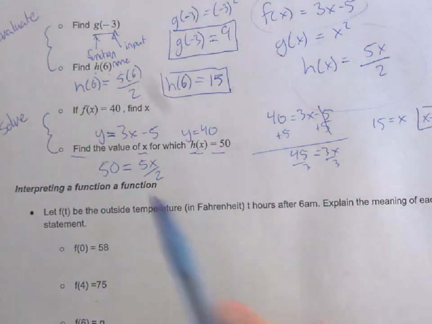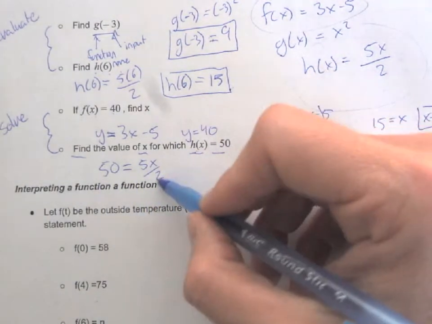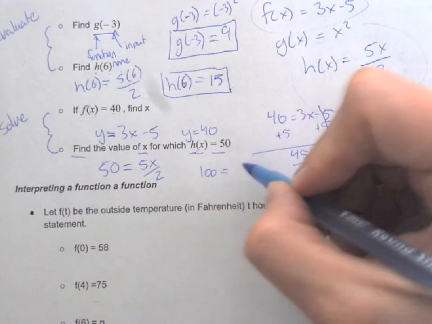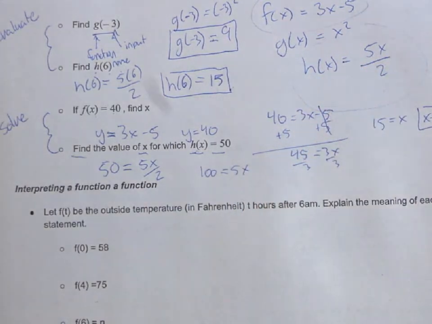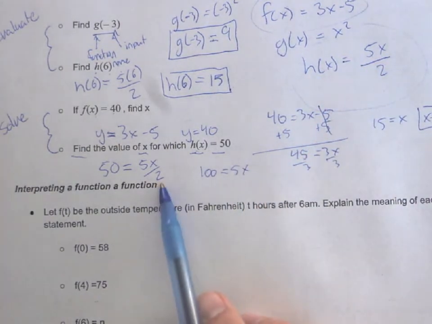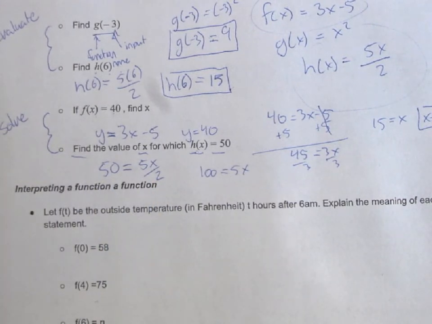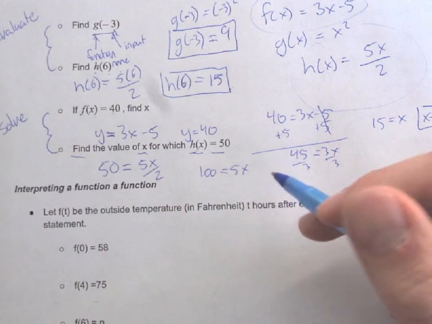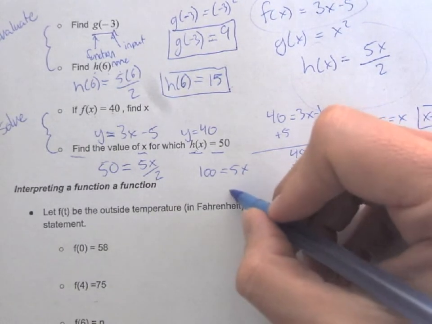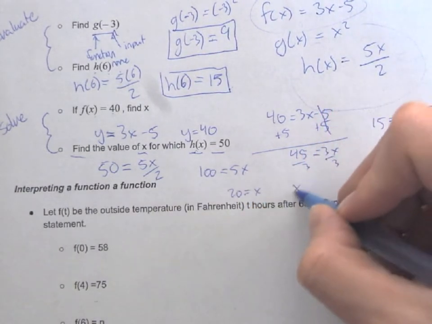To solve this, multiply both sides by 2 to get rid of the 2 here. That would be 100 equals 5x. The 2 is going to cancel on the right, and it's going to multiply the 50 on the left and get 100. Divide both sides by 5, and you're going to end up with 20 equals x, or x equals 20.